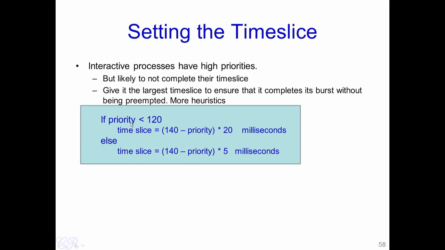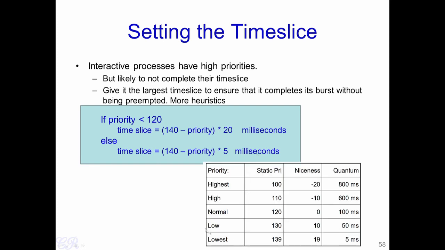Essentially, if the priority is less than 120, that is, it is an interactive process, then the time slice is given as (140 minus priority) times 20 milliseconds. However, if it is more of a batch process, that is, using more of CPU activity, then the time slice is set by the lower statement, that is, time slice equals (140 minus priority) times 5 milliseconds.